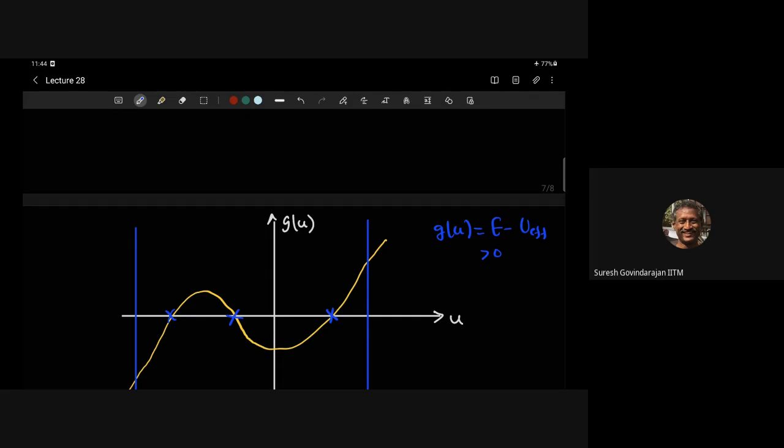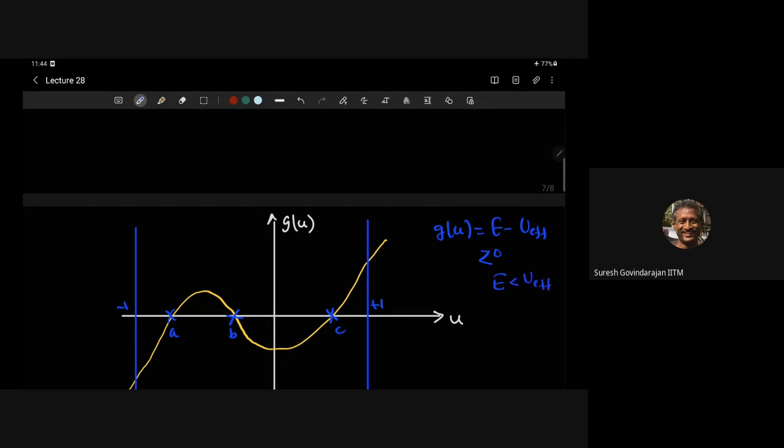Yes, sir. So let's call this A, B, and C, and this is of course minus 1 and plus 1. So the question to you is: g of u is less than 0. What does it mean? It means E is less than the u effective value, right?